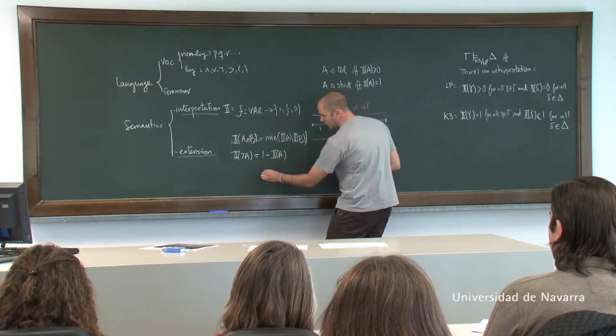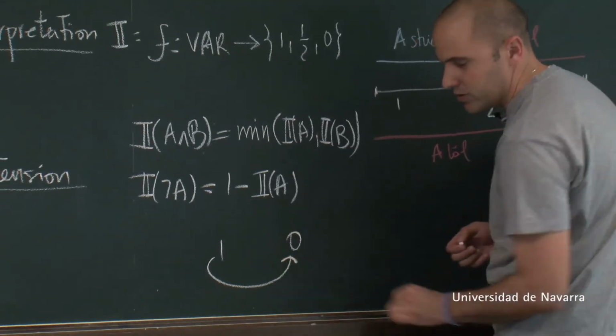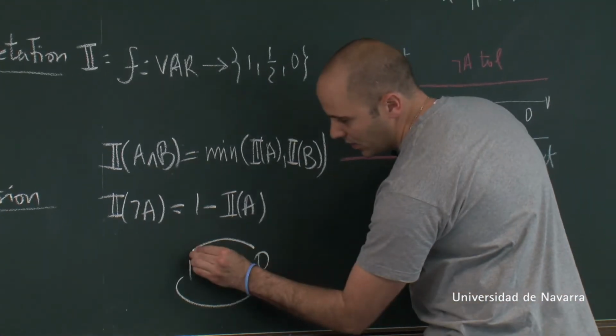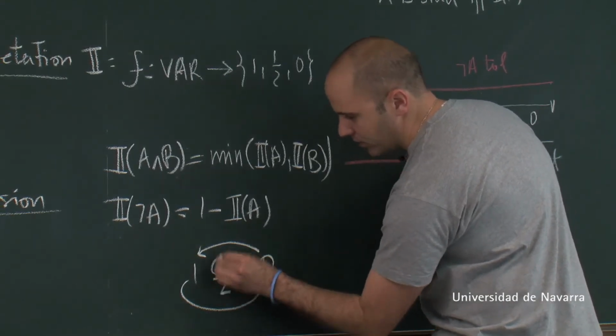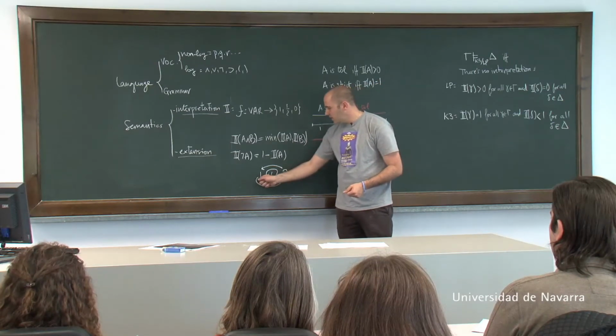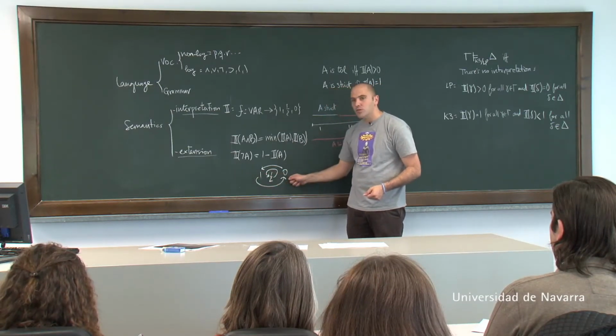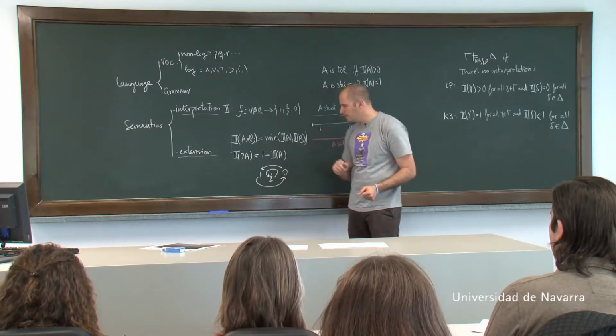Negation maps 1 onto 0, 0 onto 1, and maps the middle value onto itself. So negation flips the value when you are considering 1s and 0s, but when negation takes the middle value, it returns the middle value.